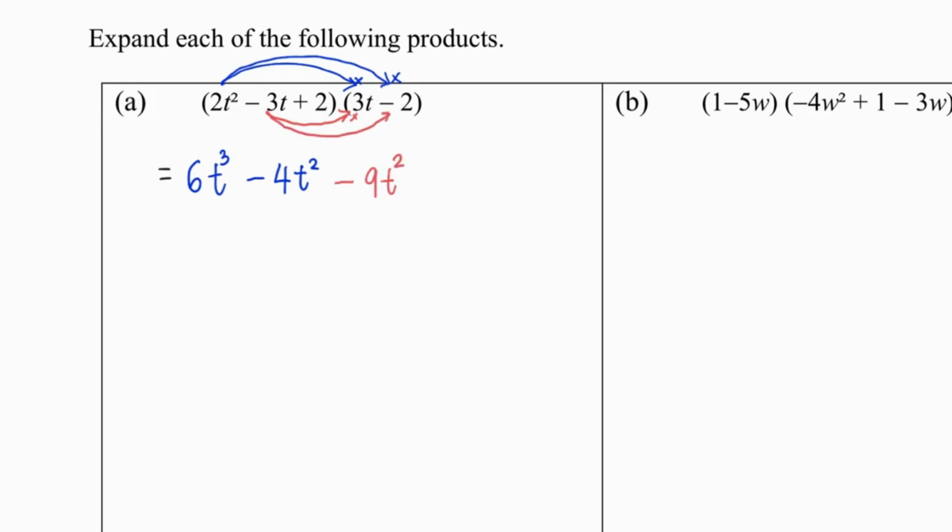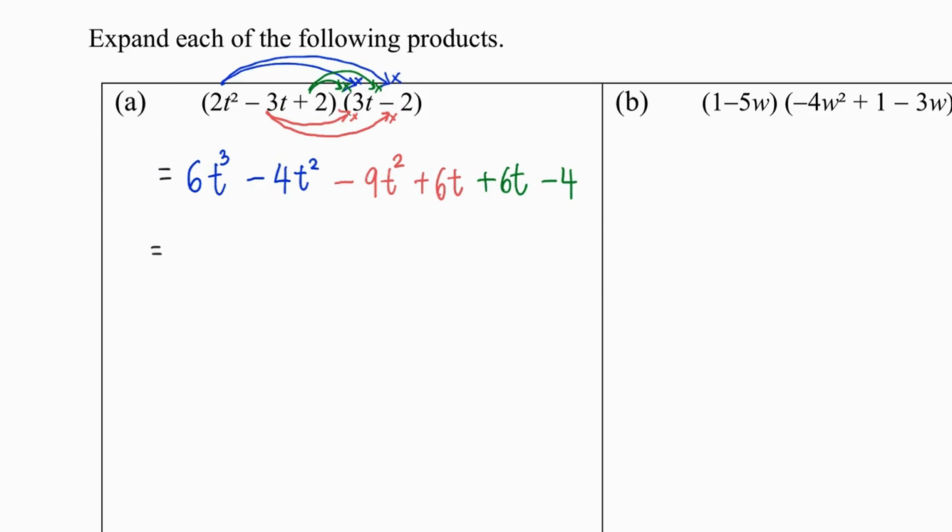Negative 3t multiplied by negative 2. Negative times negative will give me positive 6t. Last, positive 2 times positive 3t. Positive 6t. Positive 2 times negative 2, negative 4.